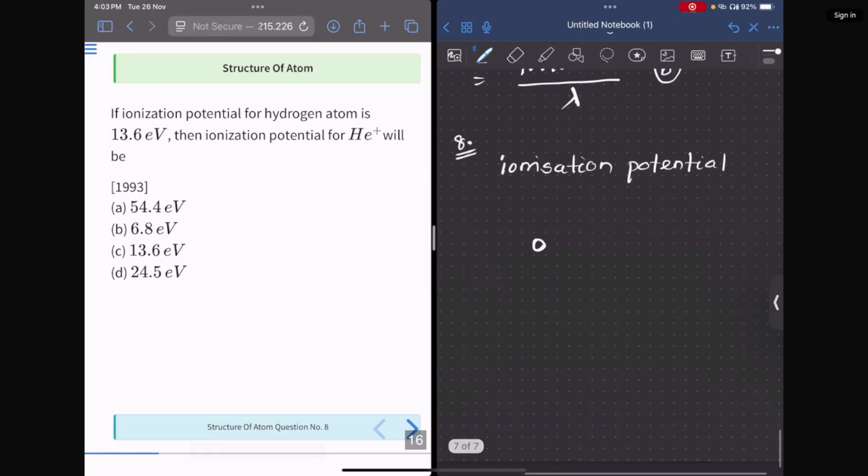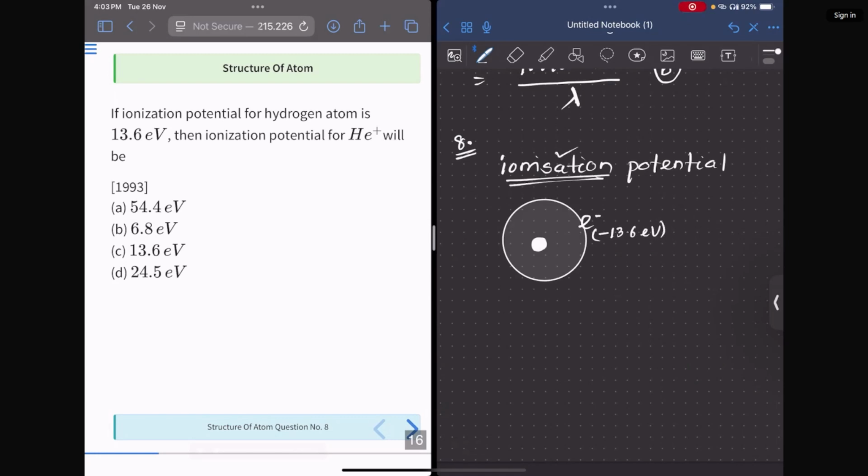If it is a hydrogen atom, there is a nucleus, and in the first orbit there is an electron. In the first orbit, what is the energy of the electron? Minus 13.6.